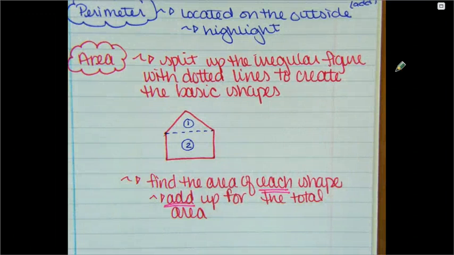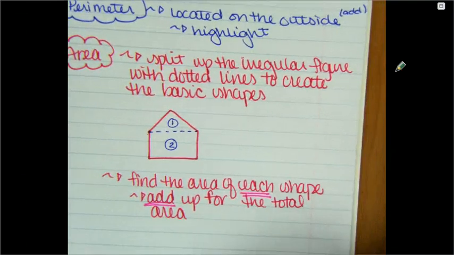So you find the area of each shape, and then you're going to add them up for the total area. You good? Okay, I'm going to turn the page.